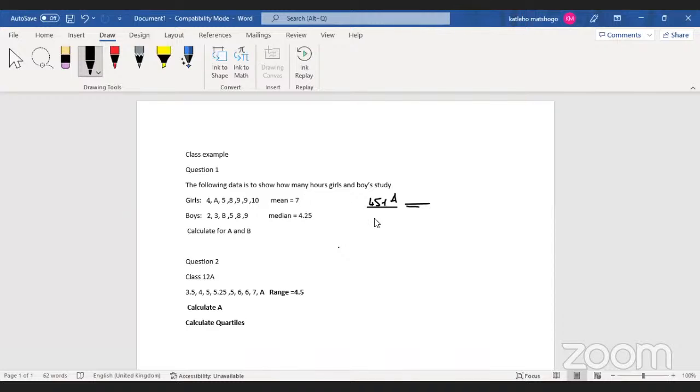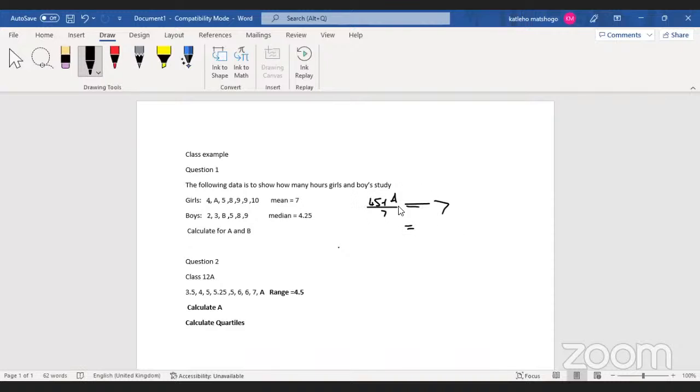So they say it's equal to the mean, which is 7. As we said, we calculate by dividing by the number of items. So it's 1, 2, 3, 4, 5, 6, 7. So divided by 7.